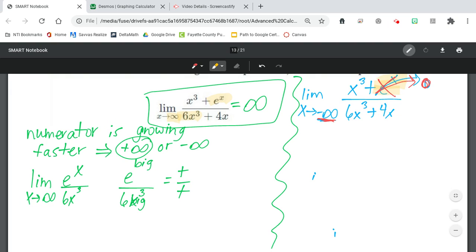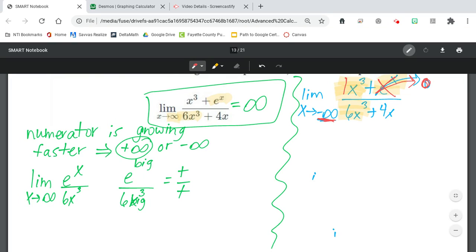This time, the dominant term is x cubed on top. And then the denominator, 6x cubed. Oh, look, the degrees are the same. So I just evaluate the ratio of the leading coefficients. The leading coefficient of the top is 1. The leading coefficient of the bottom is 6, and I'm just double checking.